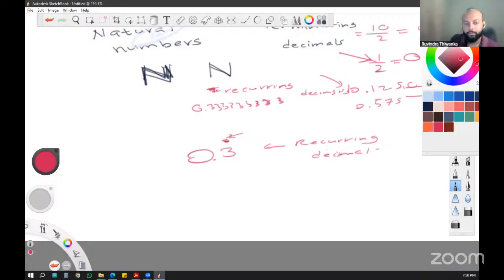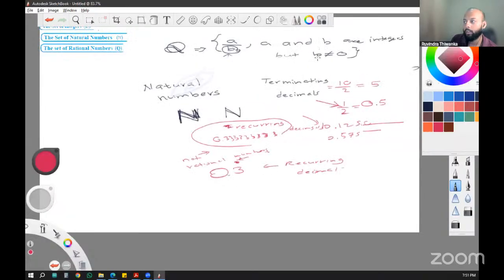Recurring decimals are not rational numbers. Rational numbers are the ones that have a terminating decimal, so the other ones are not rational numbers. The repeating decimals, these recurring numbers, are not rational numbers.